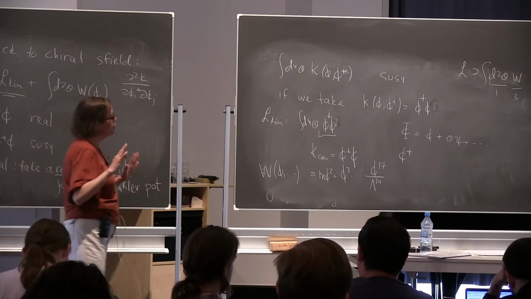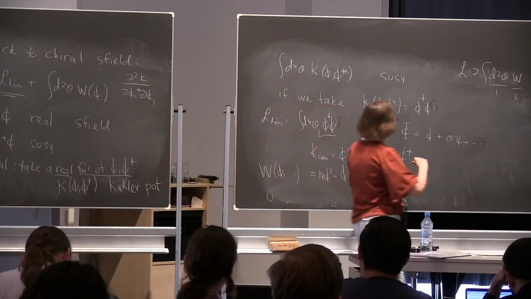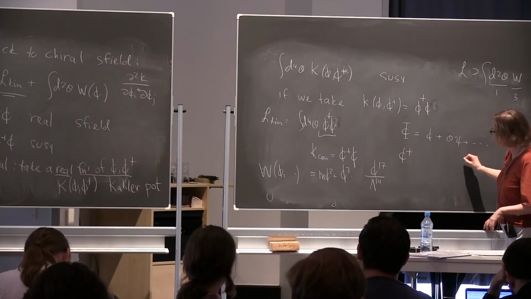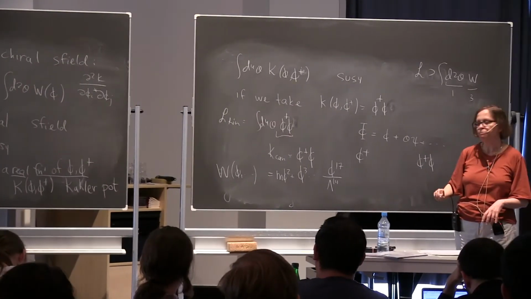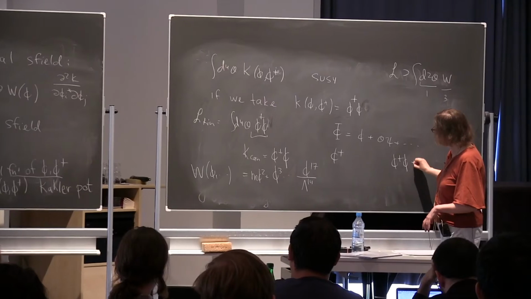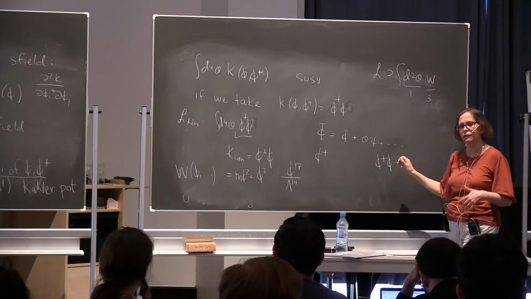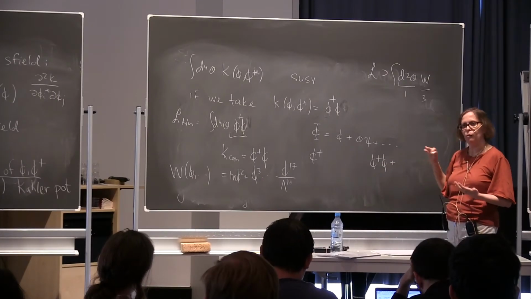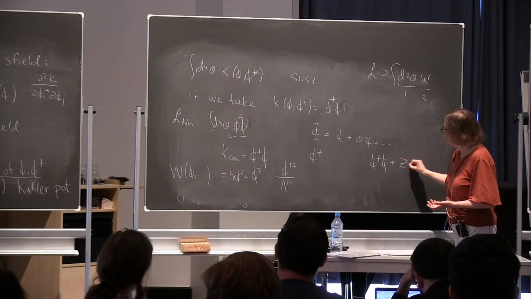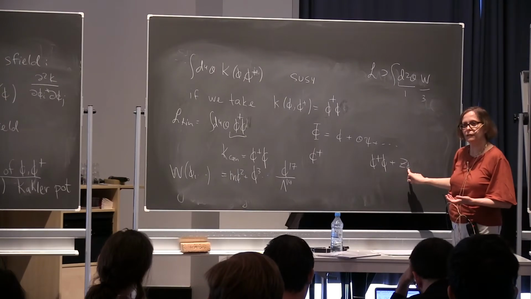For starters, the canonical Kähler potential that we're going to write down is just phi dagger phi. Then you can think of all sorts of corrections. The easiest corrections that you're going to encounter in perturbation theory are just some wave function renormalizations.